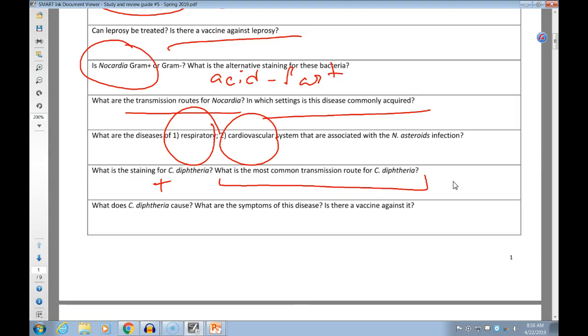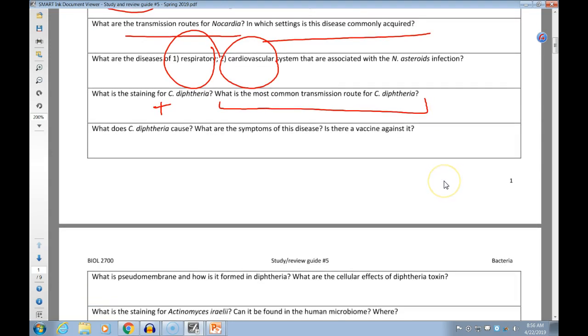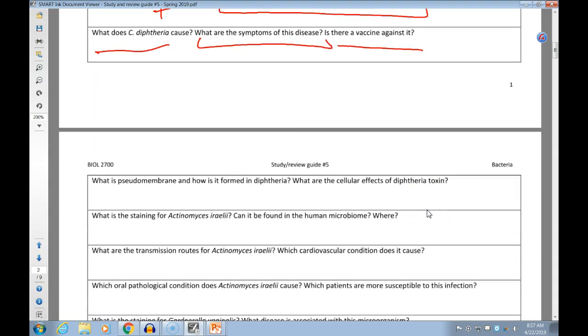Basically, we consider Corynebacterium diphtheriae a respiratory pathogen. It causes diphtheria, with symptoms of pseudomembrane formation and cough, and it's a respiratory disease. There's a vaccine. Pseudomembrane is the assemblage of dead white blood cells, dead epithelial cells, dead bacterial cells, and red blood cells. Cellular effects: inhibition of protein synthesis. Am I clear?